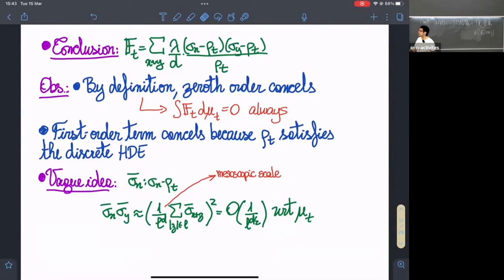Okay, so this is what people call the replacement lemma, or replacement step, or replacement theorem, whatever you want to call it. If you have in your system a nonlinear function, you can replace the nonlinear function by a nonlinear function of the density of particles.